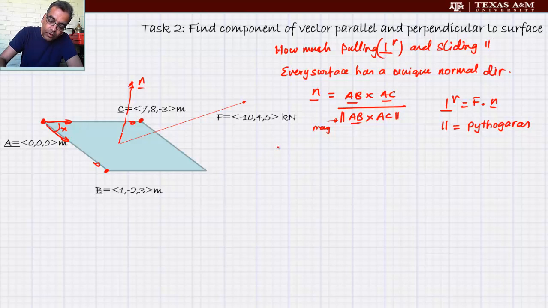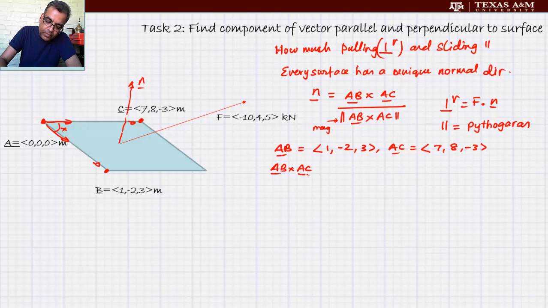Okay, so let's see. Now I'm going to do AB equals 1, minus 2, 3. AC equals 7, 8, minus 3. So AB cross AC. You know how to do cross product. I'm not going to waste your time showing you how to do all of that. It gives minus 18, 24, 22, and this is meter squared.